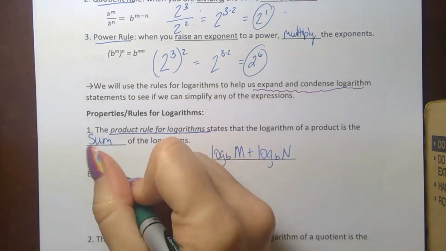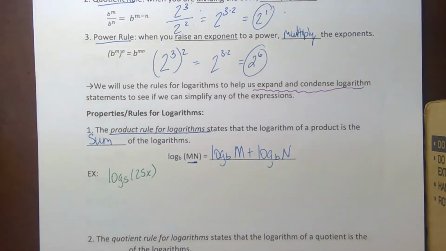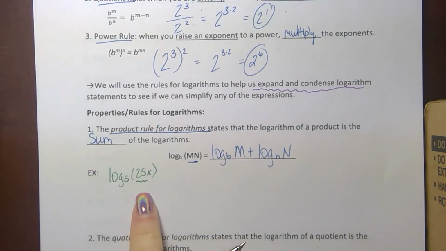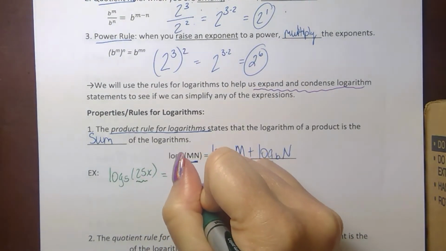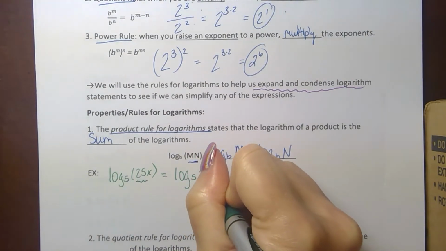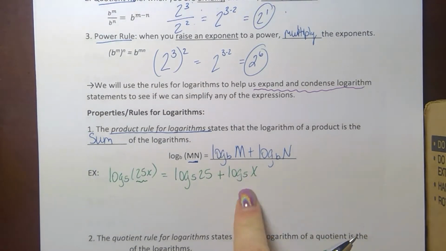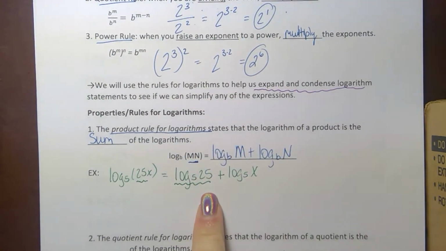So I've got log base 5 of 25x. Now there's nothing I can do with that as it stands, but I see that in my argument I have a product, 25 times x. Well, according to my product rule for logarithms, that means I can stretch this out. I can expand it to be log base 5 of 25 plus log base 5 of x. Well, there's still not anything I can do with log base 5 of x. But log base 5 of 25, I can simplify. Remember, the answer to a logarithm is always the exponent.